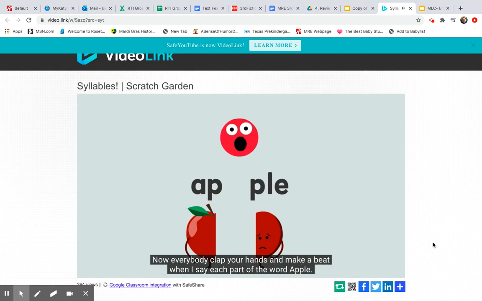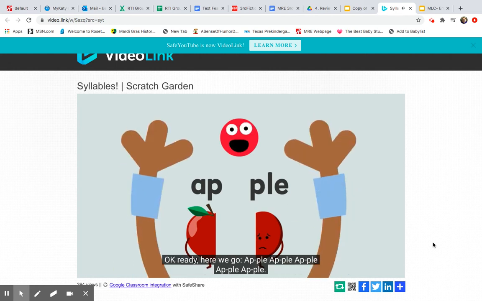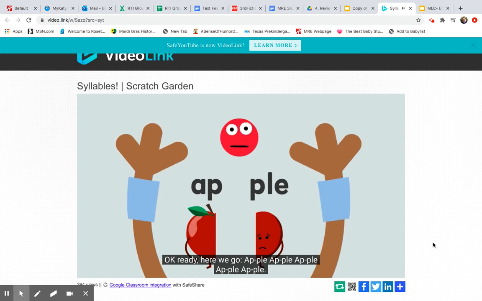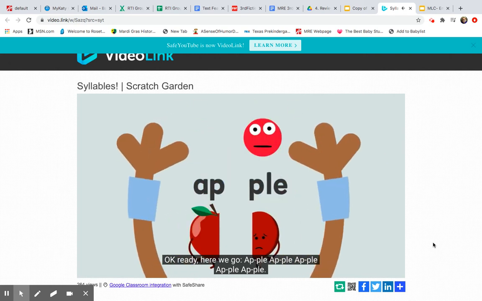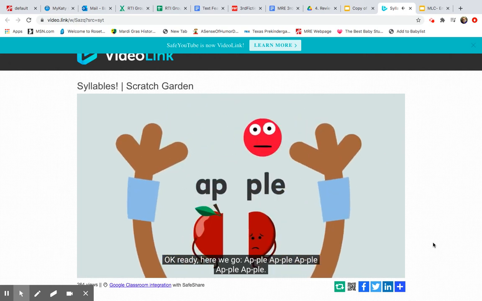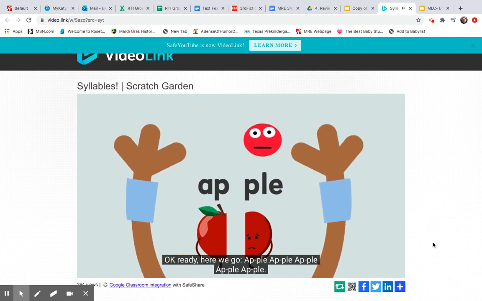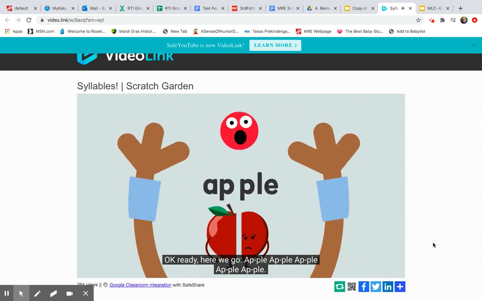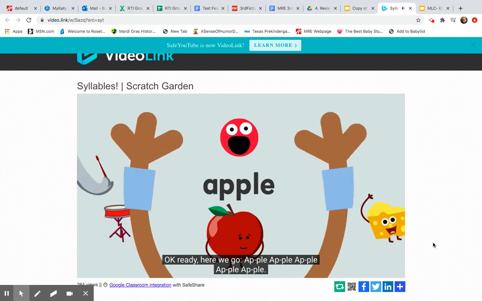Now everybody clap your hands and make a beat when I say each part of the word apple. Okay, ready? Here we go. App, pull. App, pull. App, pull. App, pull. App, pull. Apple! Yay!